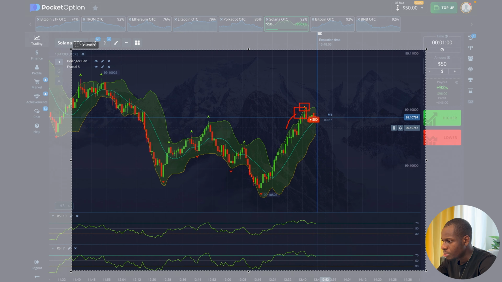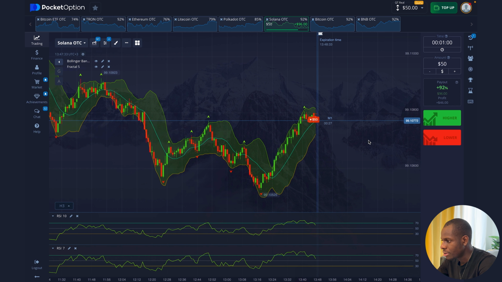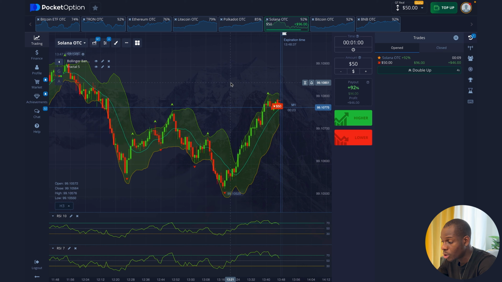So previously we see this impulsive move going up, so we can always expect price to push down after that. We also have on the oscillators, it's slowly exiting the overbought zone, which is just a confirmation of the direction of trade that we're taking. Let's see how it closes, guys. So far we're looking good.